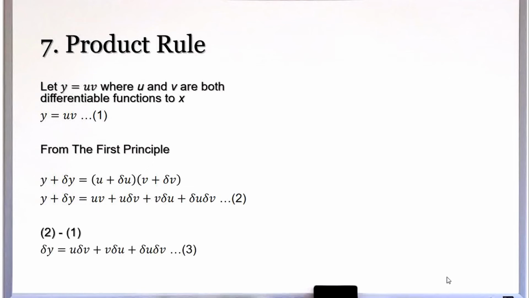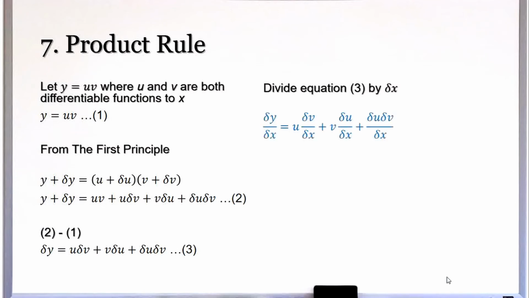We will have delta y equal to u times delta v plus v times delta u plus delta u times delta v. This is our equation 3. We now divide equation 3 by delta x to get delta y over delta x. So on the right hand side, we will have u times delta v over delta x plus v times delta u over delta x plus delta u times delta v over delta x.